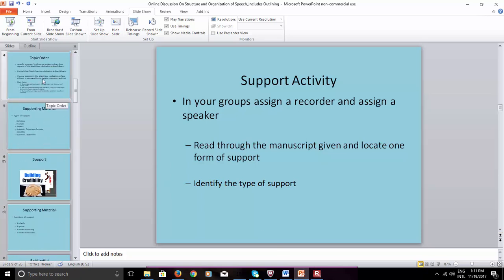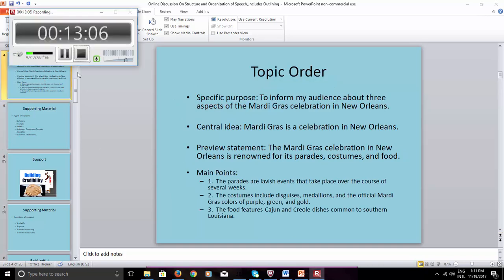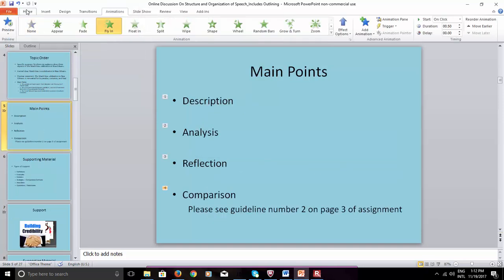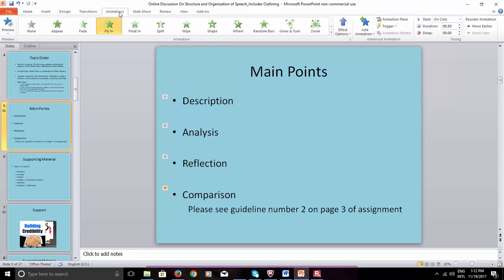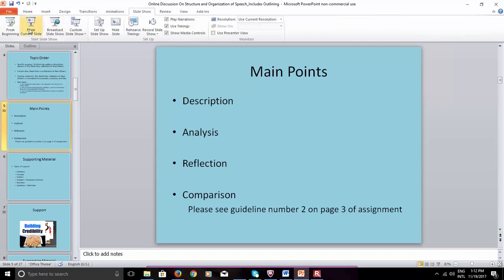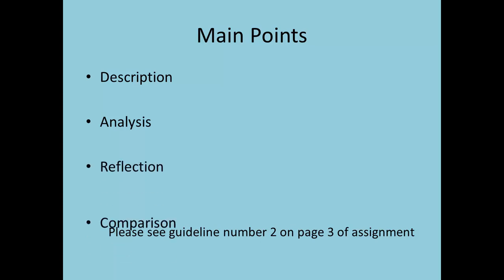So again, for the body of your presentation, you need to have your main points, and your main point should consist of the description of the event, the analysis, the reflection, and comparison.